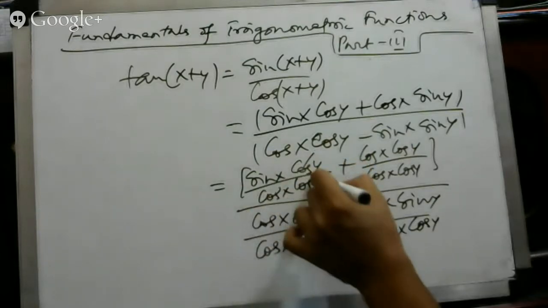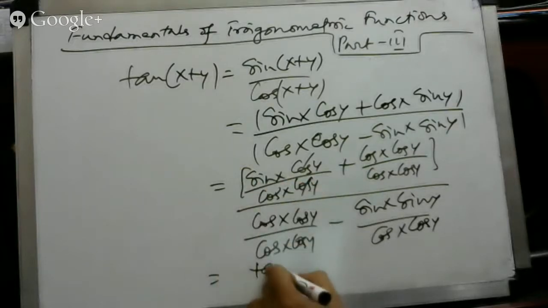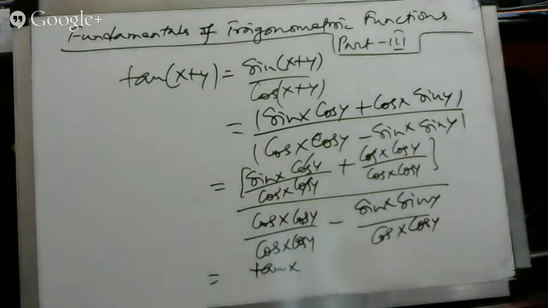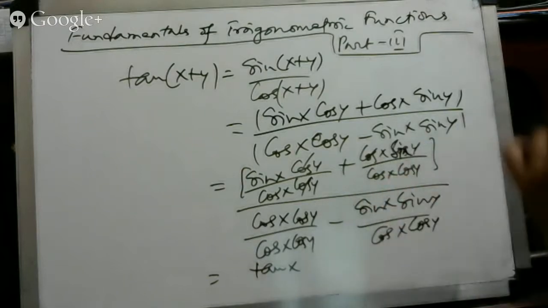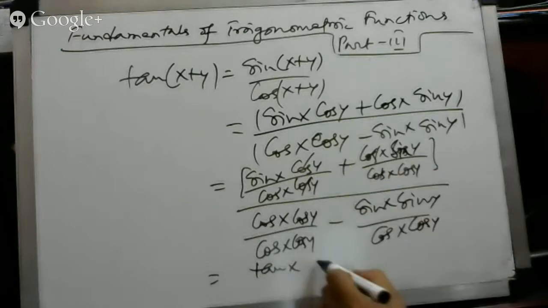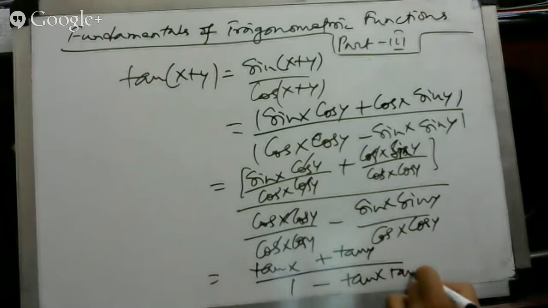So this one becomes tan x, sorry, this was sin y, I'm sorry. So this becomes tan x plus tan y, and in the bottom it becomes 1 minus tan x tan y.